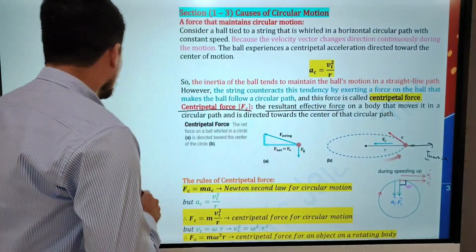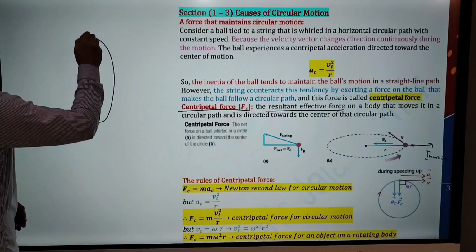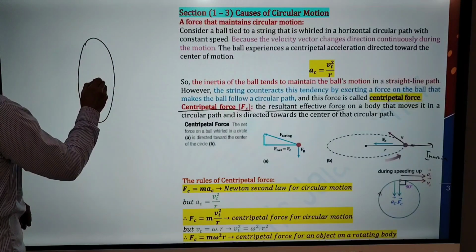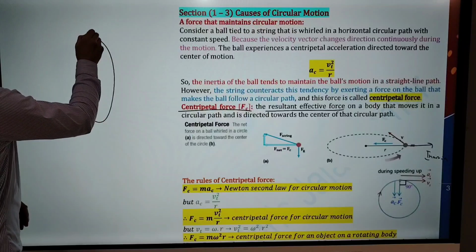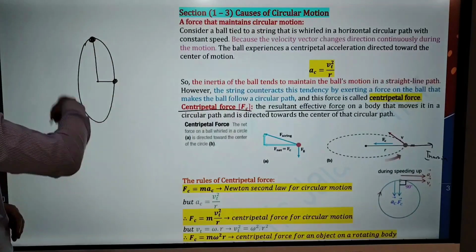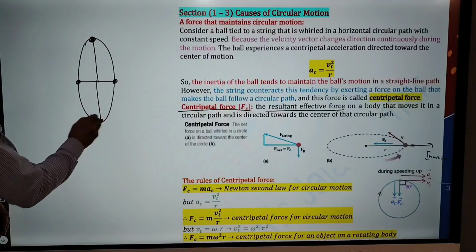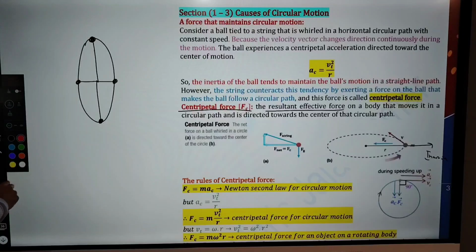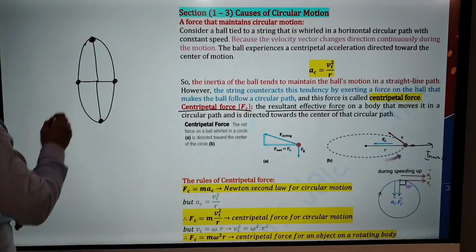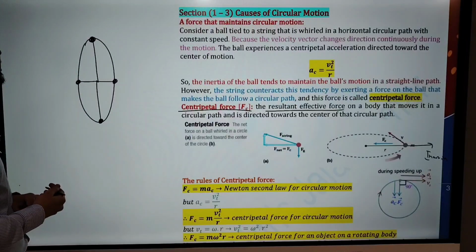For example, when the ball is tied and moving in a circular path vertically, not horizontally, at the top point there are two forces that maintain the object in a circular path, or provide the centripetal force.